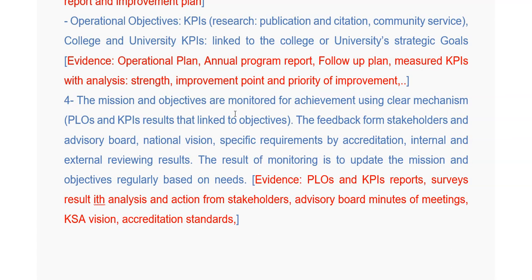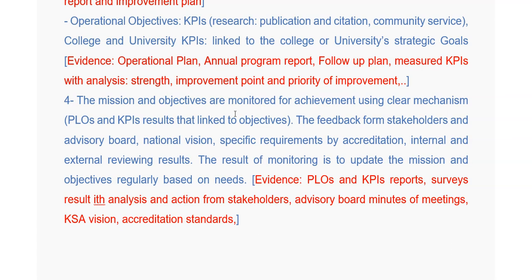You cannot update your mission and objectives directly without reasons. You should have feedback from stakeholders, from the advisory board. The update should be based on something that changed. Maybe it is to follow the national vision, for example 2030. Maybe specific requirements appeared in accreditation standards, maybe based on internal and external review results.